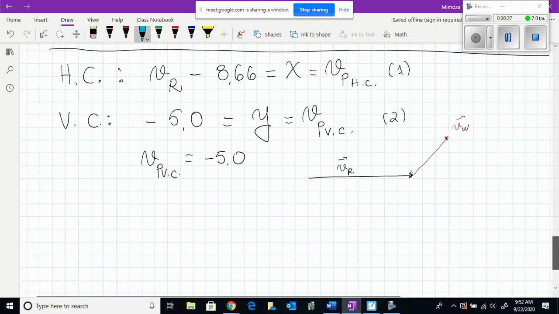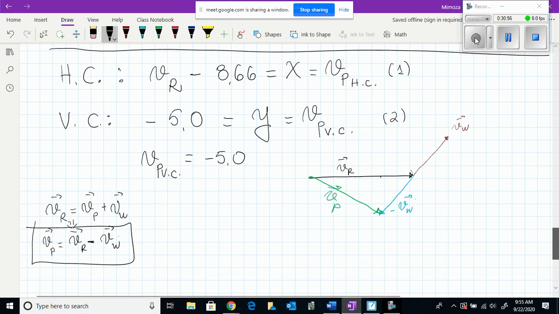But actually we want the negative one, okay? So we want the opposite of this vector, the negative velocity of the wind. Therefore, the velocity of the plane will be this one here. Understand the vector diagram?